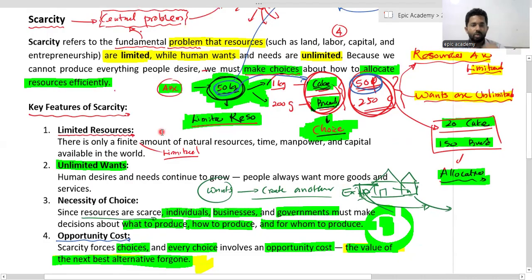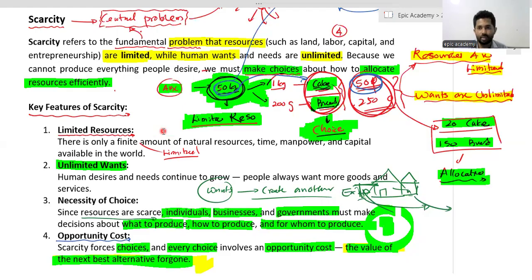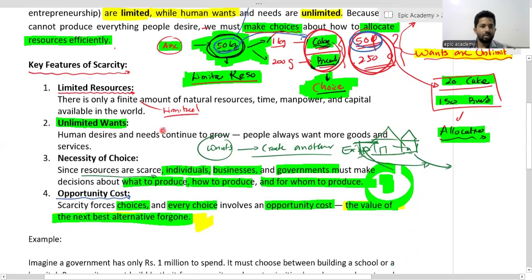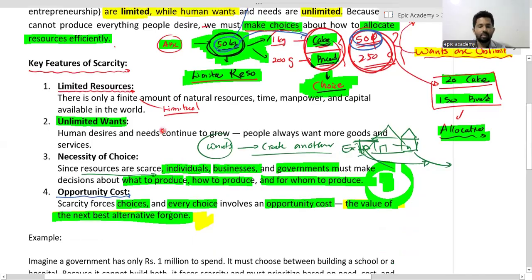Now you identify the components related to scarcity. Define scarcity. You identify the main features, and again, the key features related to scarcity: limited resources, unlimited wants, necessity of choices, and opportunity costs. Each and every one of these components and features is included in scarcity.